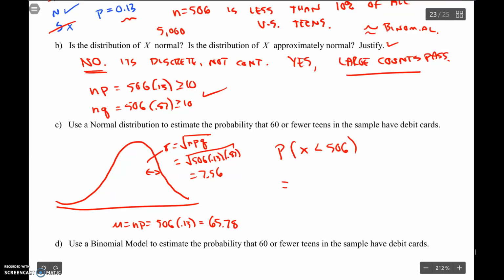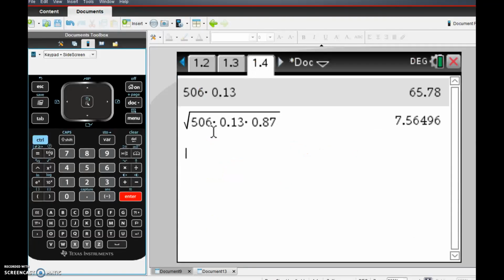Oh, I'm sorry, why did I put 506 here? I'm going fast because I'm trying to get the video done. What's the probability that it's 60 or fewer? So that's less than 60. 65 is the average, so less than 60 is going to be kind of like right there. There's my cutoff. So let's use the normal model.